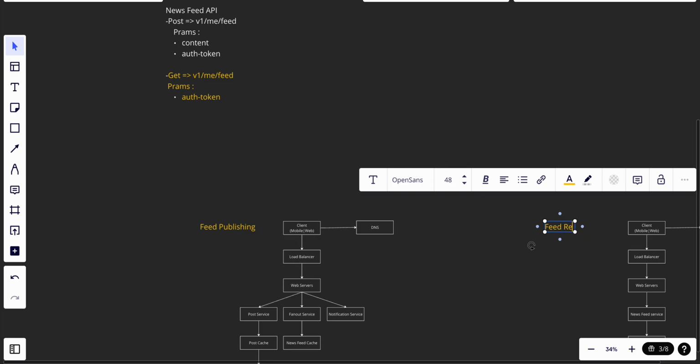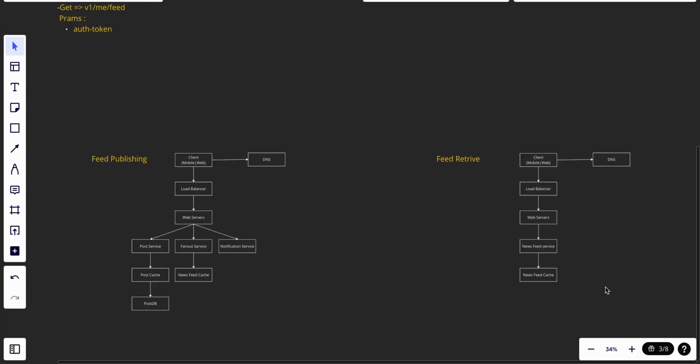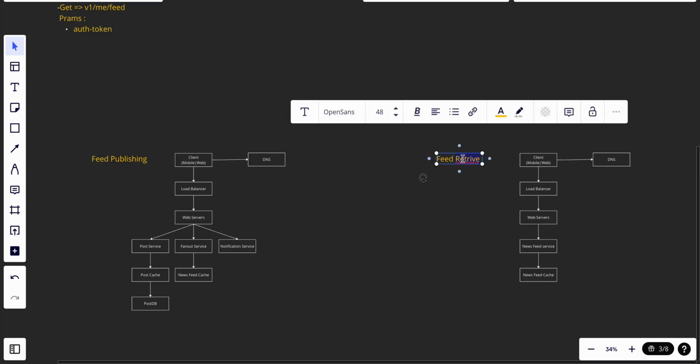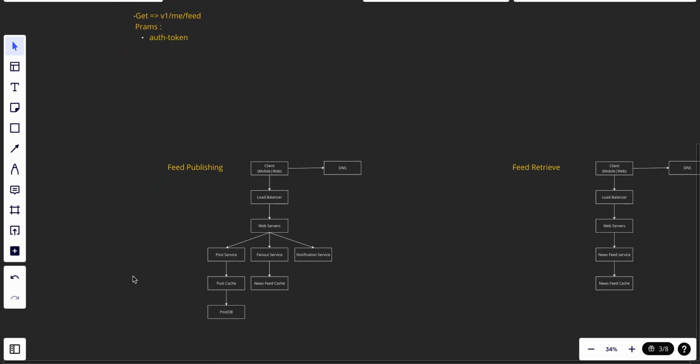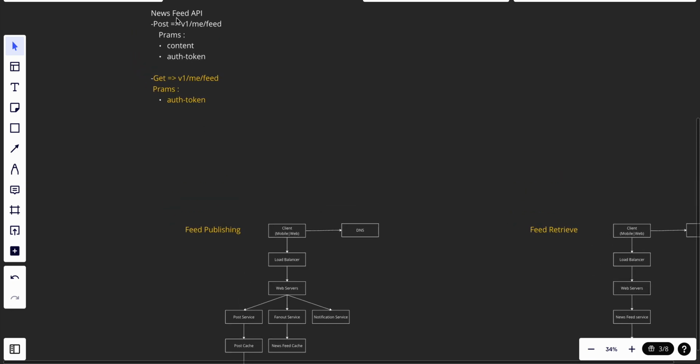So I will not make this problem again. Retrieve. It's important to name things properly. Sorry for that. So this is for feed publishing, and this is what we're using for this one.